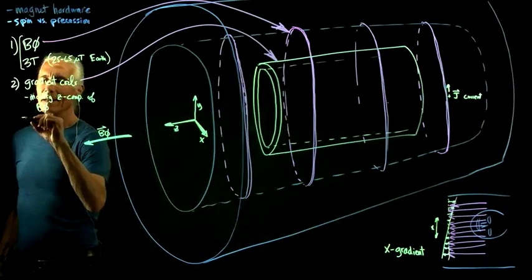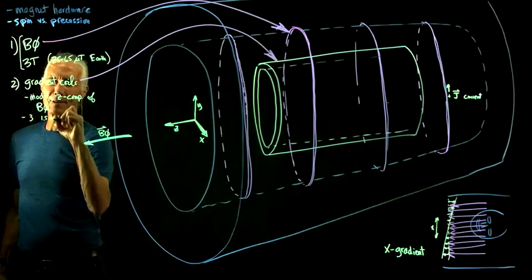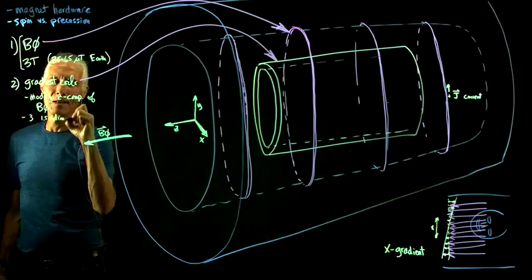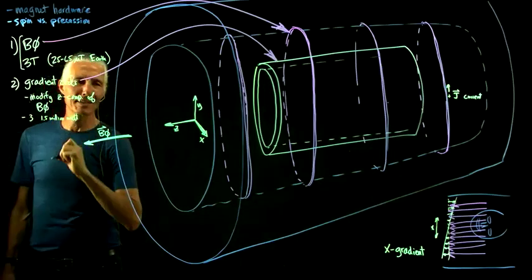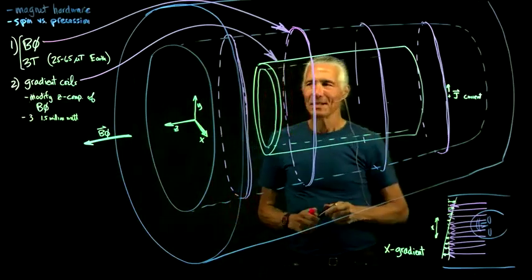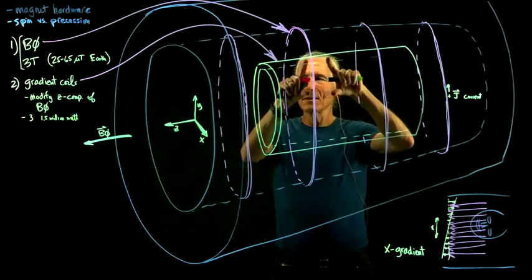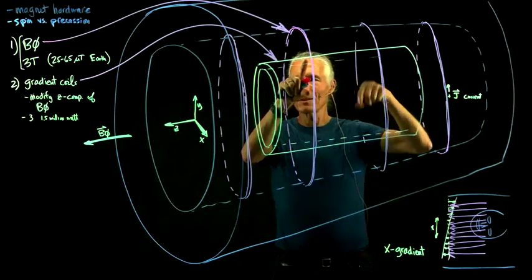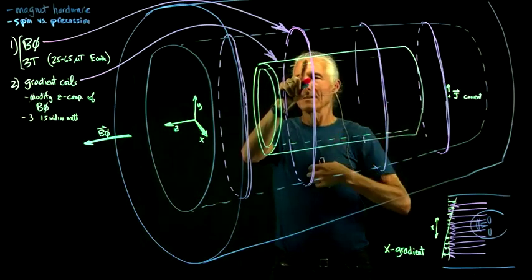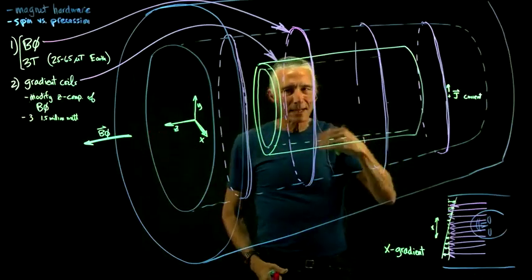Well, they've got 3 1.5 million watt amplifiers attached to them. These are like giant stadium sound amplifiers that are attached to these. I didn't draw anything in the coil. There's a bunch of wires in the coil to make these gradient fields, and they're rapidly changing back and forth.